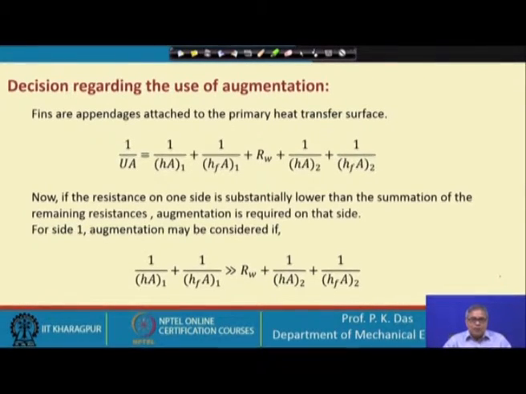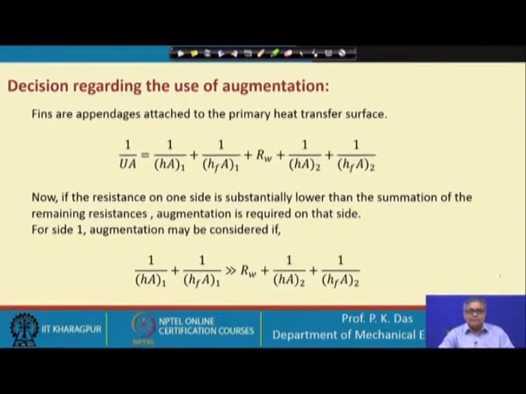I am not satisfied with the performance of a particular heat exchanger. Then I have got limited resources. So, I should try to get the best return on my investment. So, first I have to decide where I have to go for augmentation. Please let me explain what I am saying.